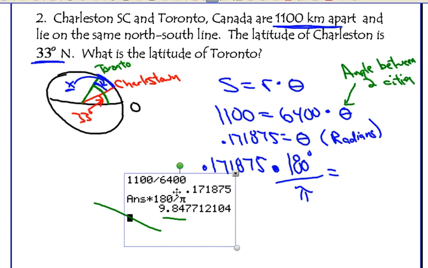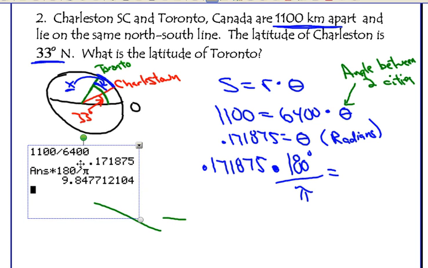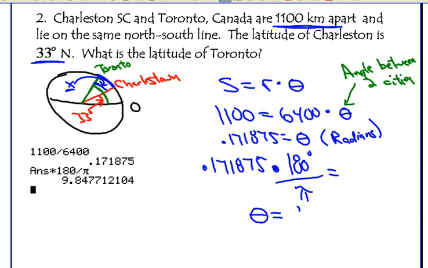Erase that line. Sorry about that. And we've got our calculations there. If I was really good, I would edit that out, but I think I'll just leave it as it was. So theta is 9.85. And now that's degrees, so I need to label it.